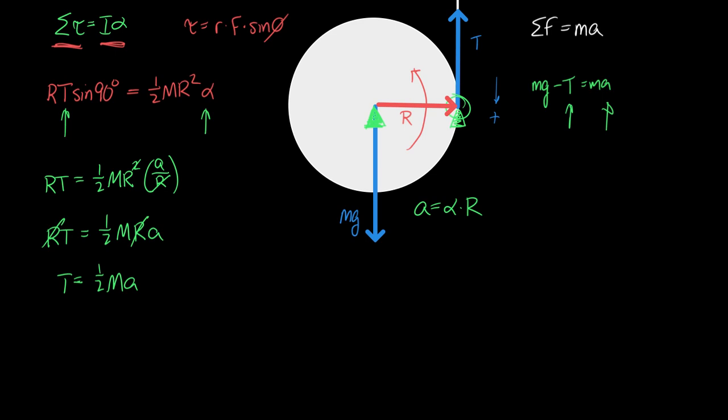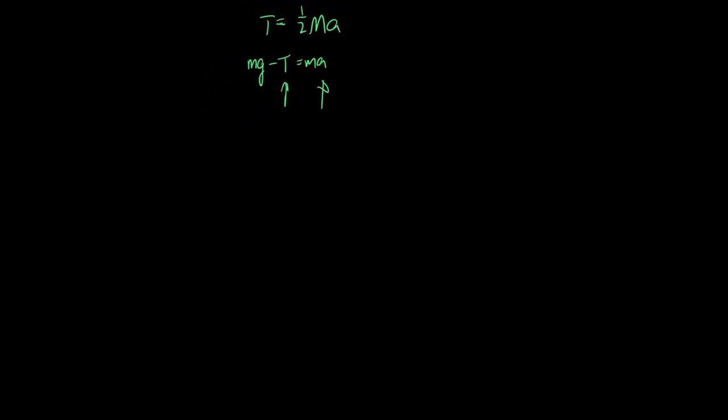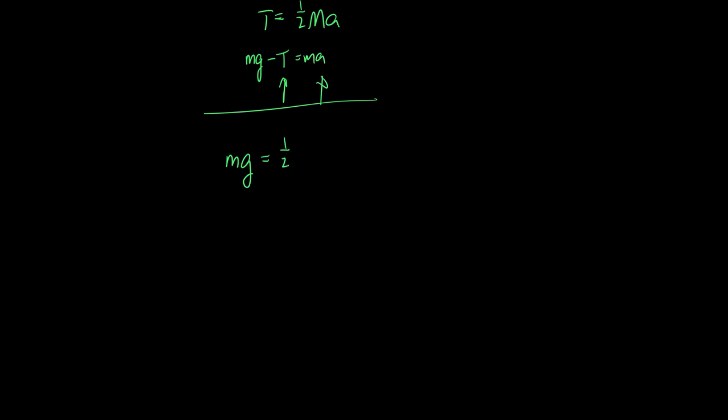Substitution. Or just add these together and get mg equals 1/2 ma plus ma.